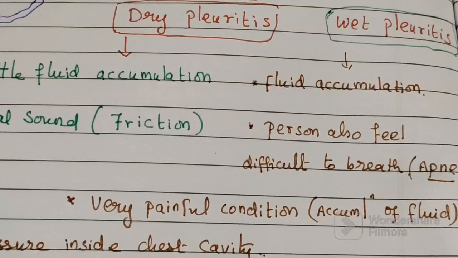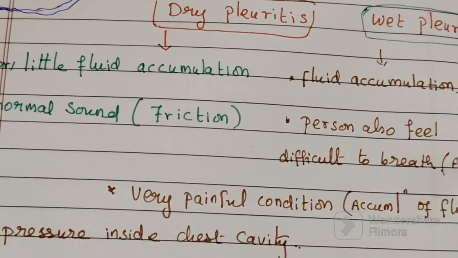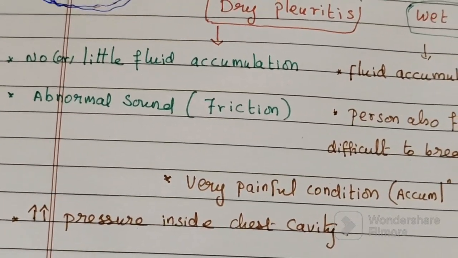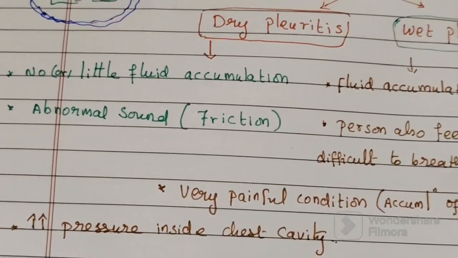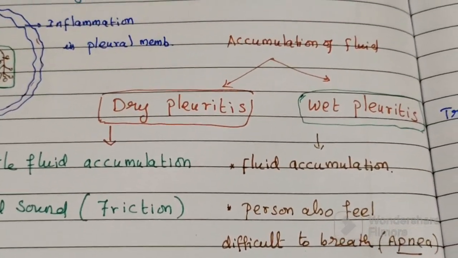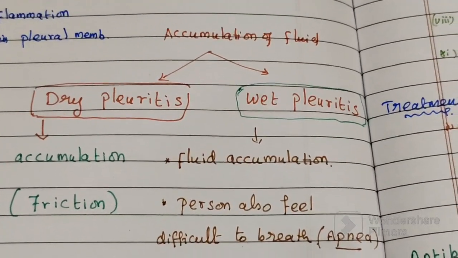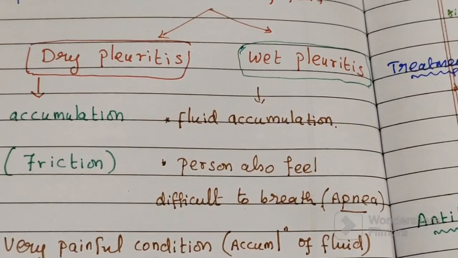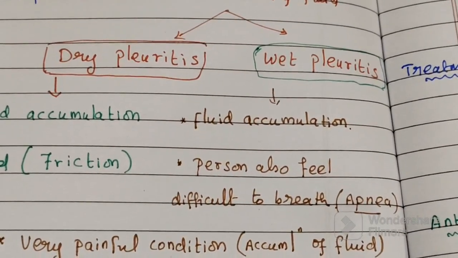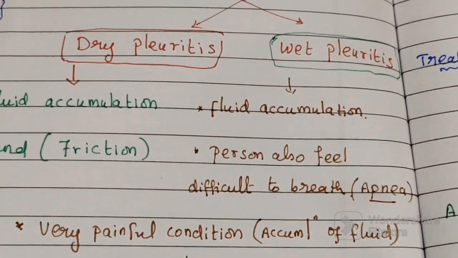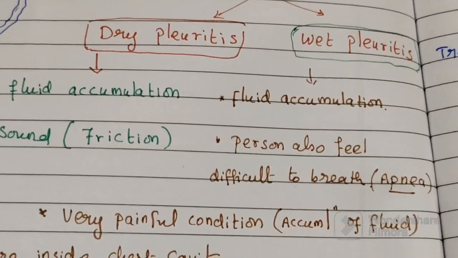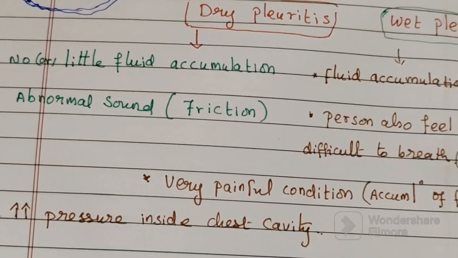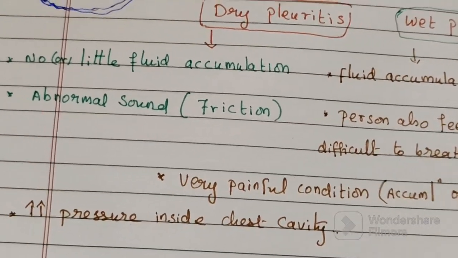There is increased pressure inside the chest cavity, and the pressure compresses nerves. So in wet pleuritis, there is fluid accumulation, difficulty breathing, a very painful condition, increased pressure inside the chest cavity, and compressed nerves.